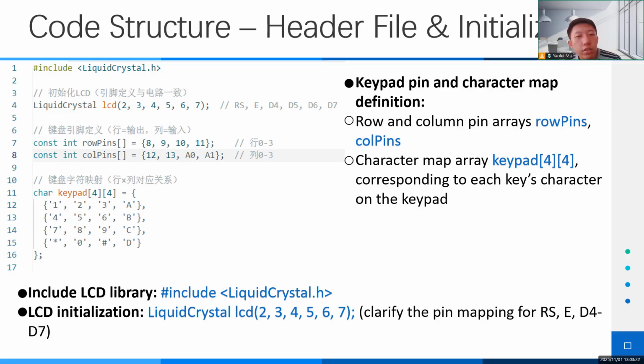It's a character map. Each position in this array corresponds to a key on the 4 multiply 4 keyboard. For example, if we press a key in row 0 and column 0, the code will use the character in keyboard.